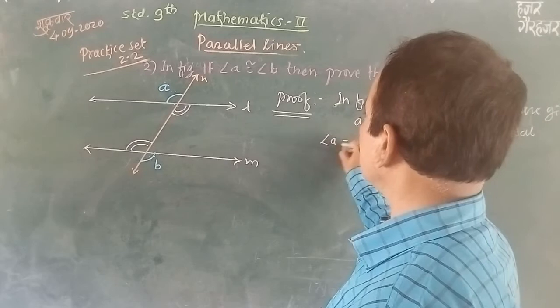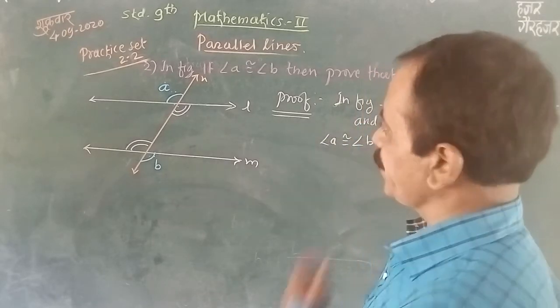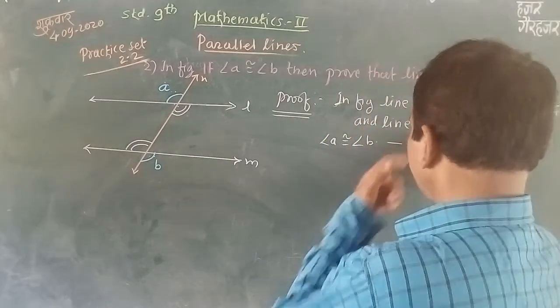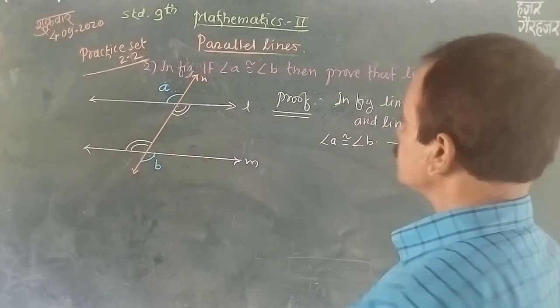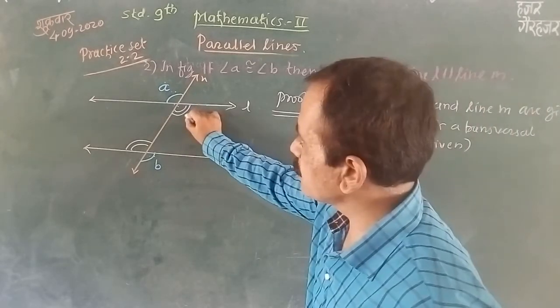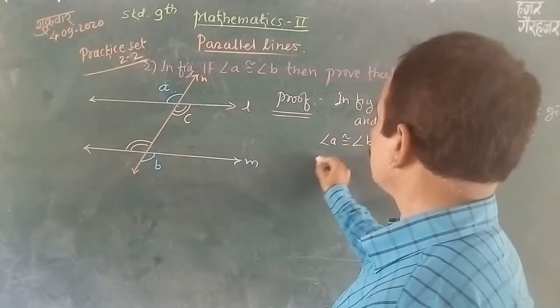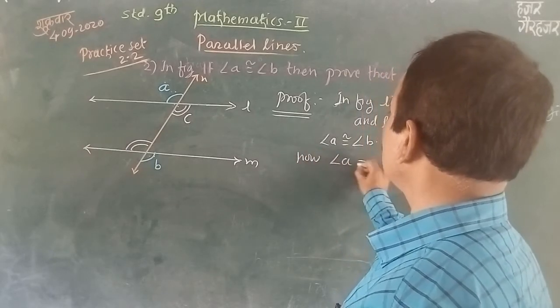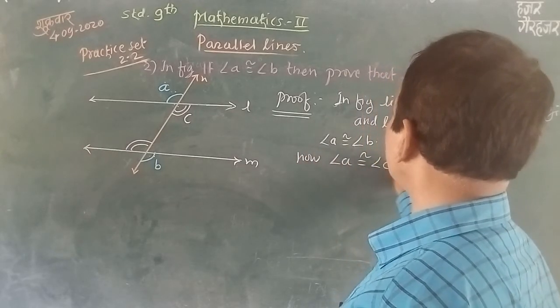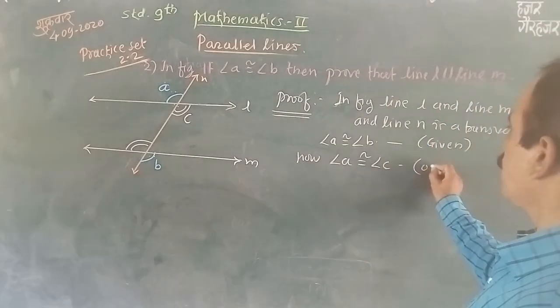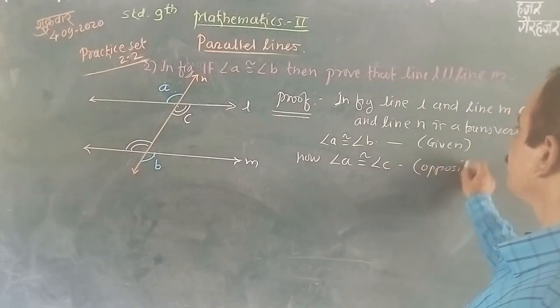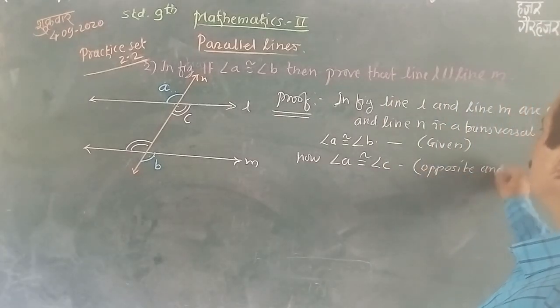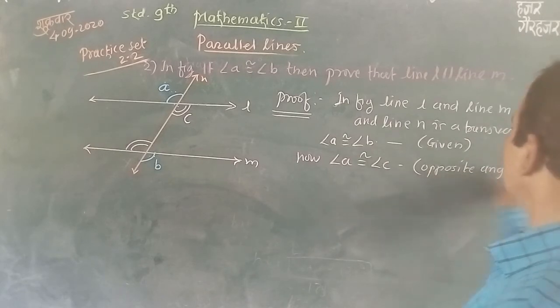Angle A is congruent to angle B is given. Say this angle is C. Now angle A is congruent to angle C. This is an opposite angle. This is your first.